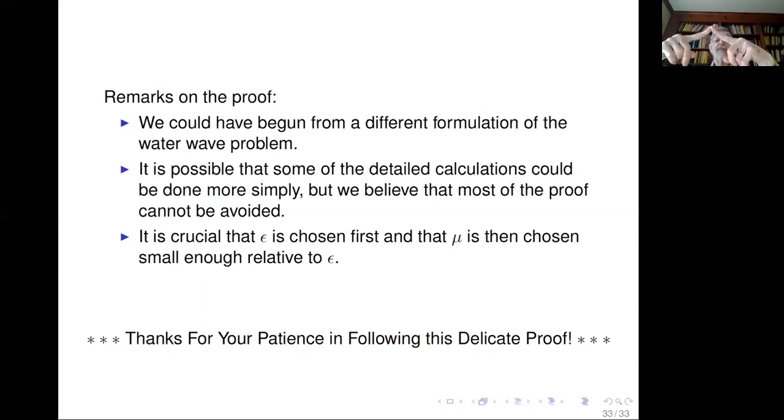After the rigorous existence of these larger Stokes waves, which was in 1978, I think, it was proved rigorously that Stokes was correct.